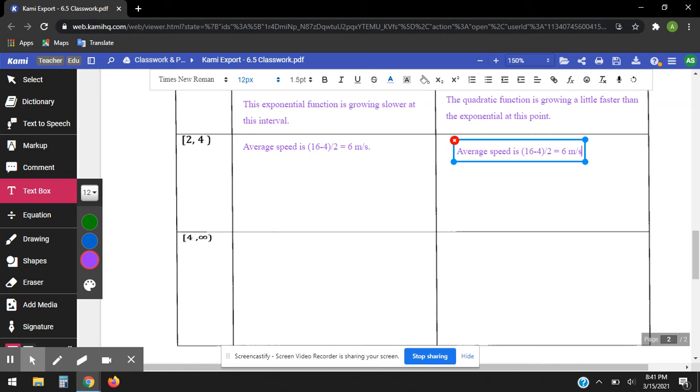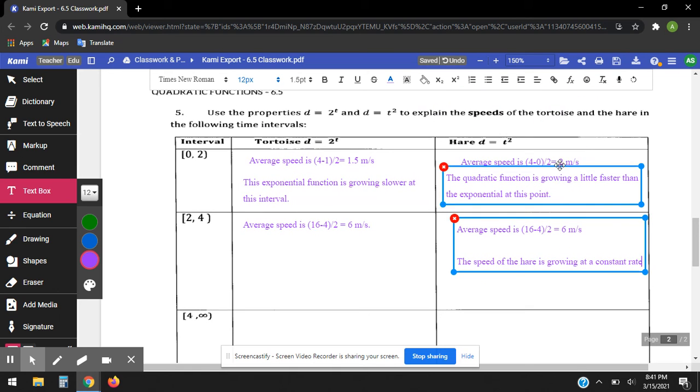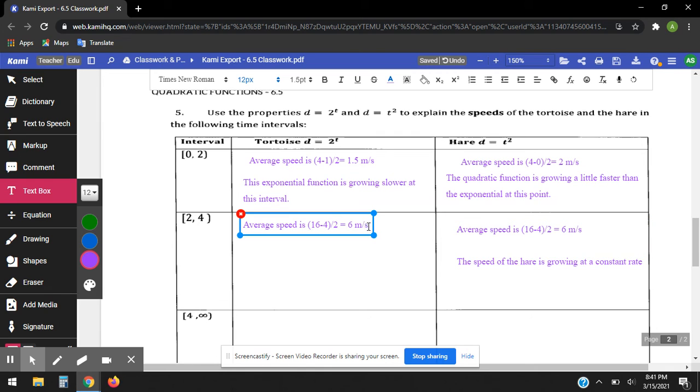So what we can kind of deduce from here is the speed of the hare is growing at a constant rate, right? Because it went from 2 meters per second to 6 meters per second. This one went from 1.5 to 6, not as much of a connection there.